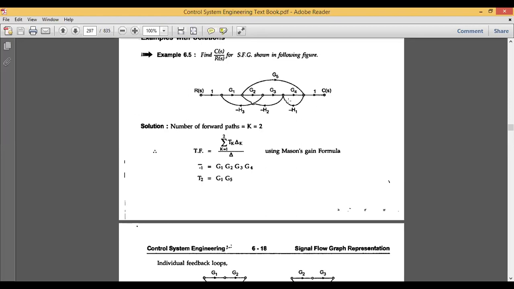Okay, and the last loop here is start at this particular point, G2 point, go towards G5. Okay, so between this node and this node we have a variable G5. Then it will come at this particular point, means it will include my minus H1. Then from minus H1 point again it will come back to this point, so it is minus H2.